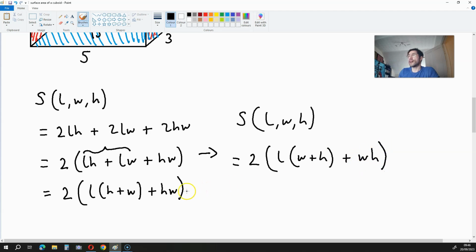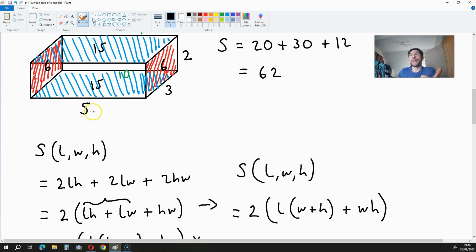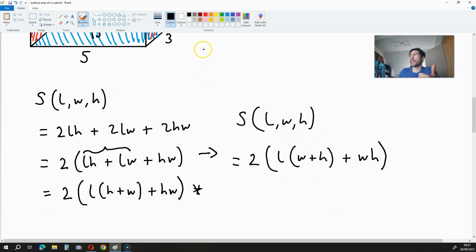Okay, so I've just cleaned this over here, and we have W and H nice and tidy, just like this. Okay, so let's see if when the length is 5, when the width is 3, and when the height is 2, we get the value 62 using this formula over here.